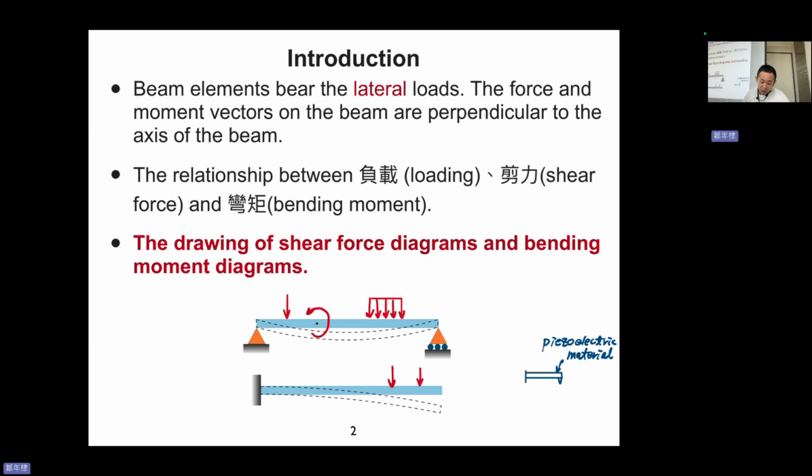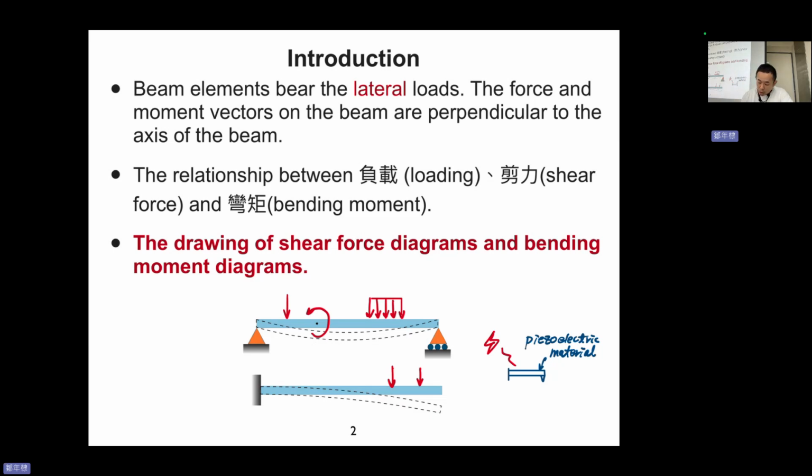Okay, what is piezoelectric material? Piezoelectric material, 压电材料, can convert deformation into voltage.